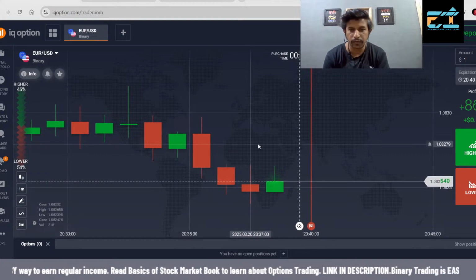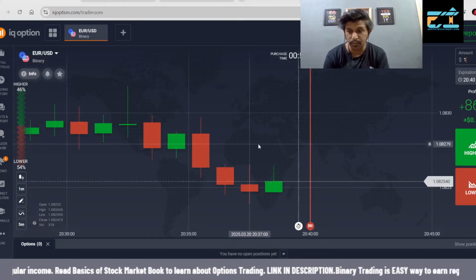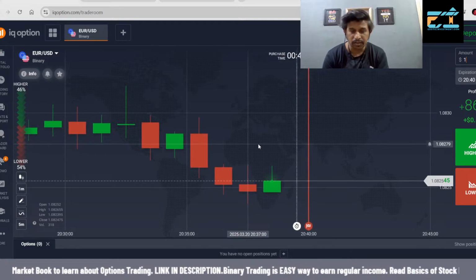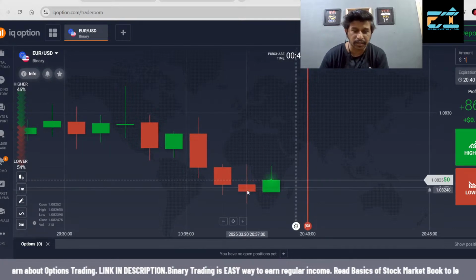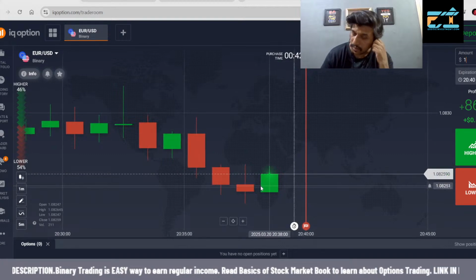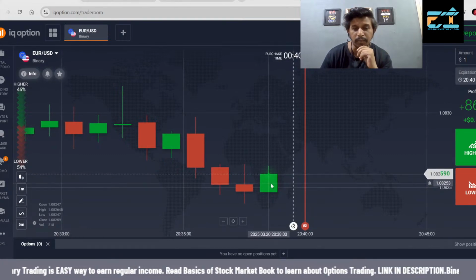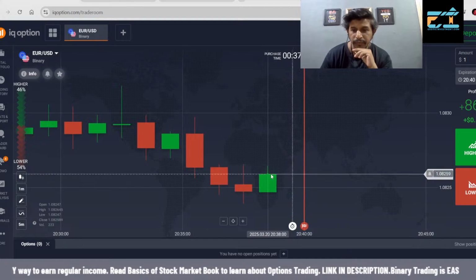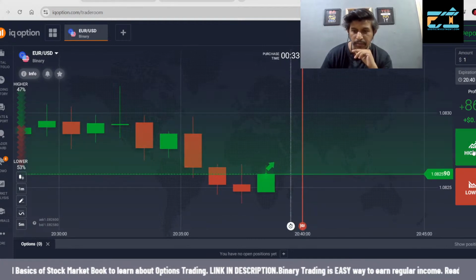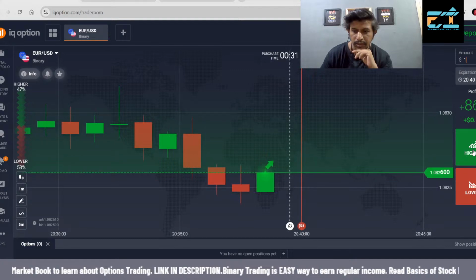Okay, so for once it is breaking the trend and closing green, we have a trend here, that is a red trend. That is a negative trend, and if the fourth candle breaks the trend, then we'll just keep on following it. Yeah, green it is, probably it is closing in green.